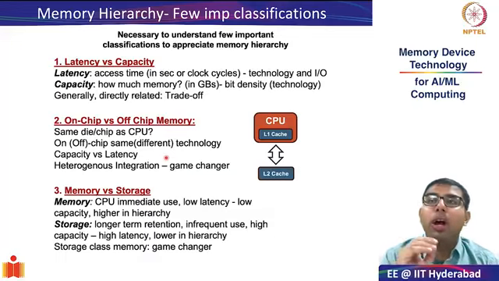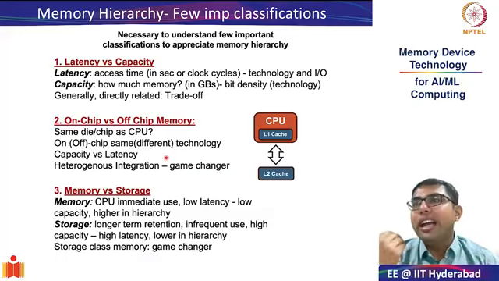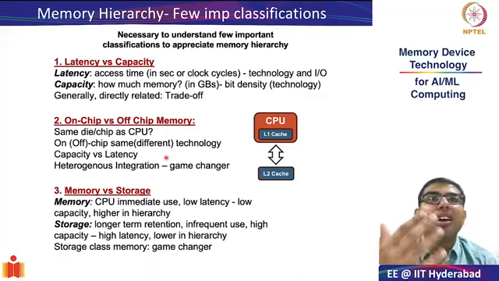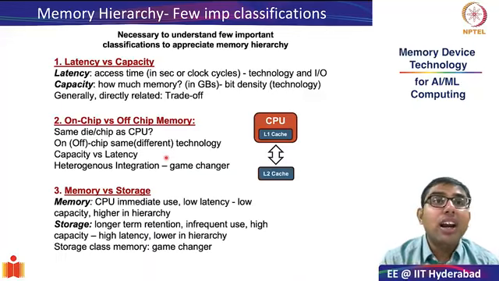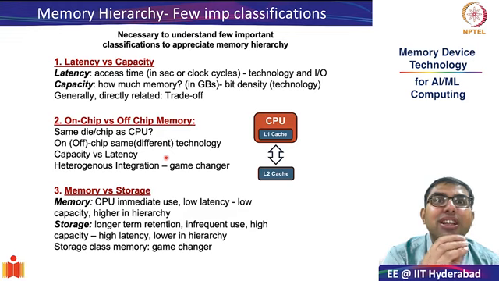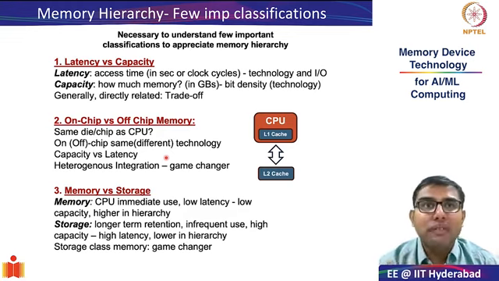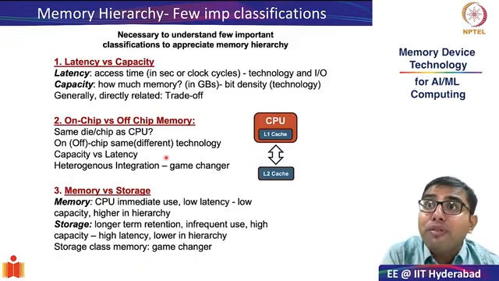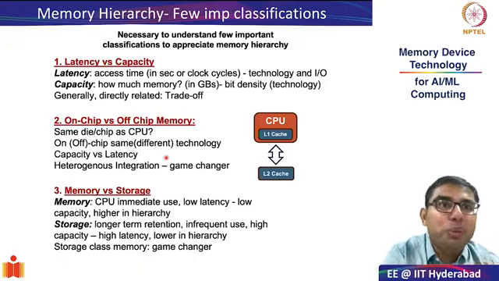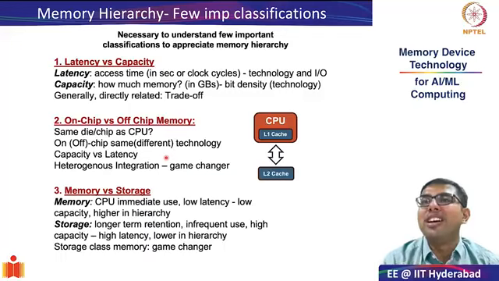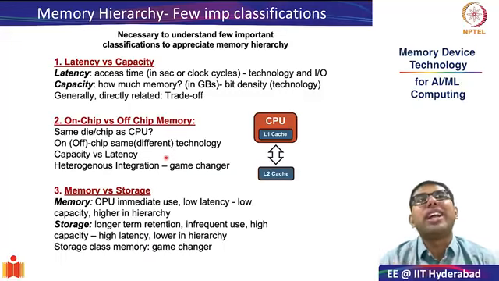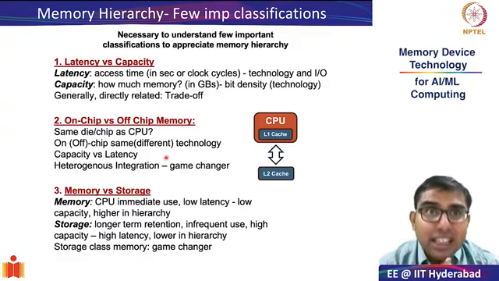So as you may have guessed, the immediate needs of the CPU, which are the code and the constants of the equations of your differential equations or your difference equations, and the data from the few iterations before will be stored in memory, whereas storage will contain the final output. I hope you are able to make sense.